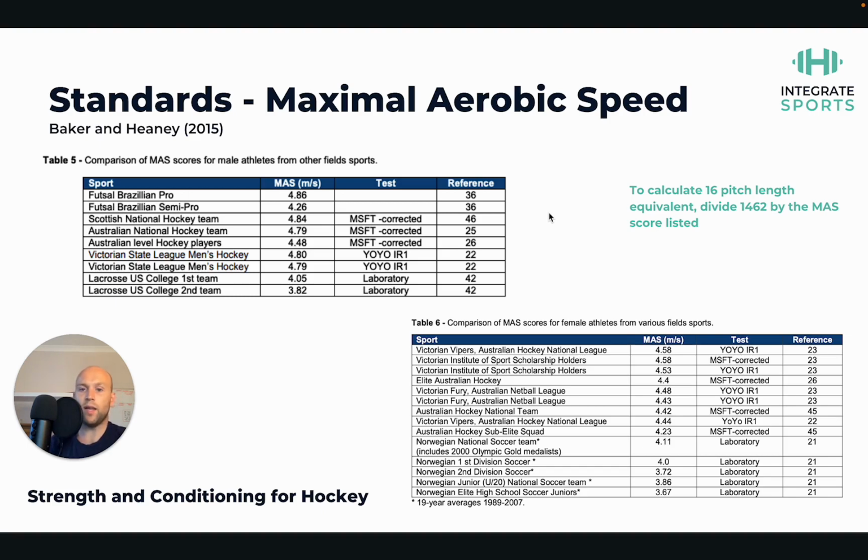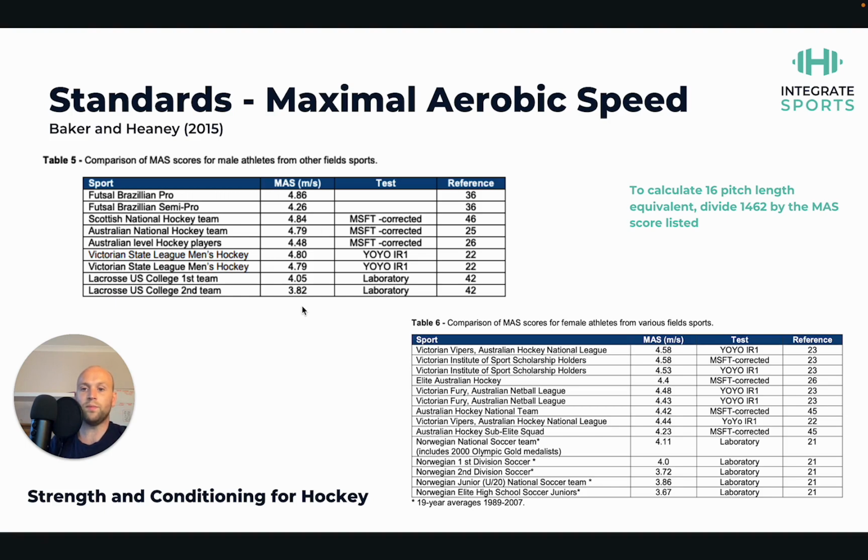So on the left-hand side here, we've got the men's scores. Again, futsal came out pretty high here, and what you can see is that Australian national and Scottish national hockey teams were sitting at around a 4.8 metres per second score.